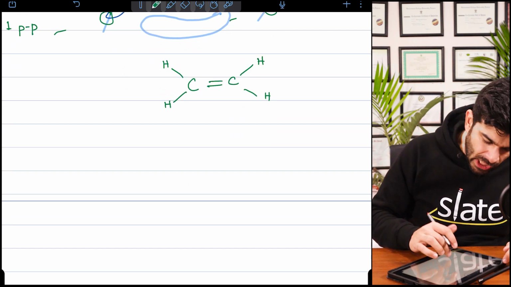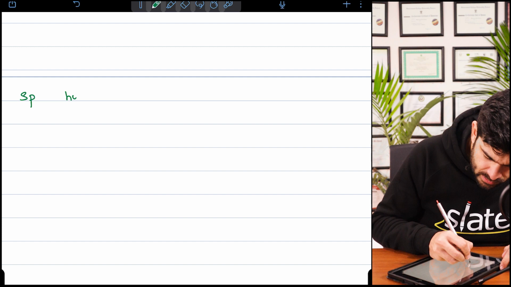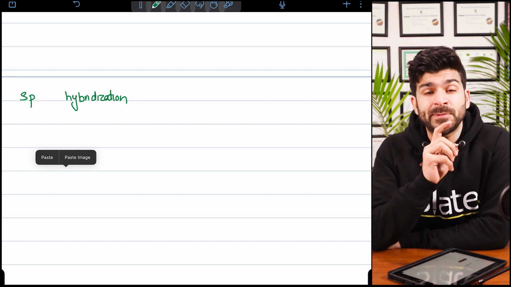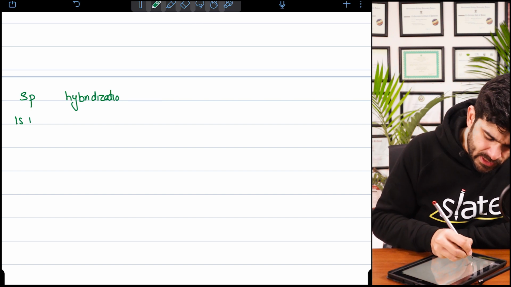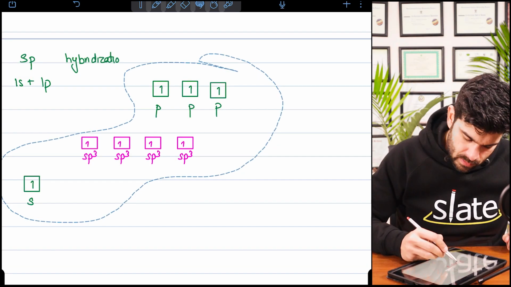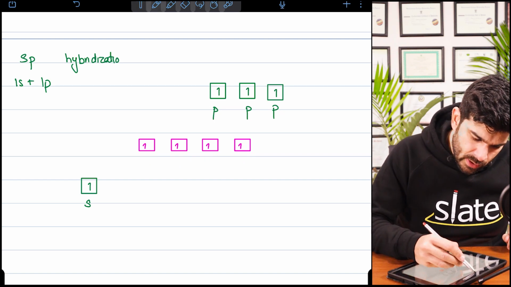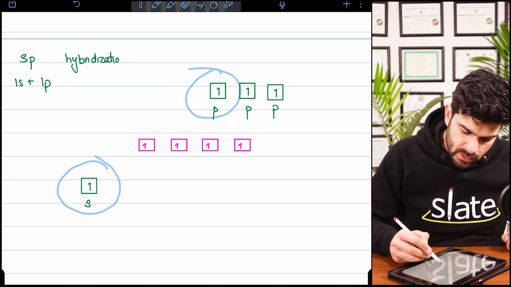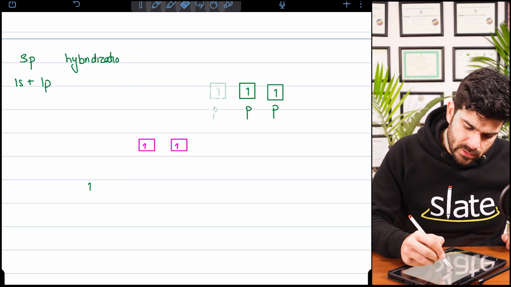Lastly, the last type is sp hybridized. In the sp hybridization, we have one s and one p. Out of these, only this and this will react and make two hybridized orbitals.